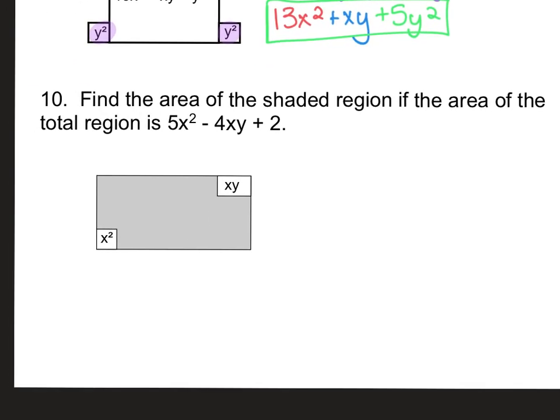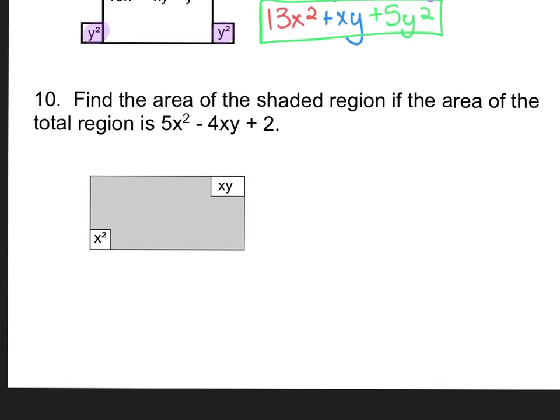All right, so our final problem to work out is find the area of the shaded region if the area of the total region is 5x squared minus 4xy plus 2.